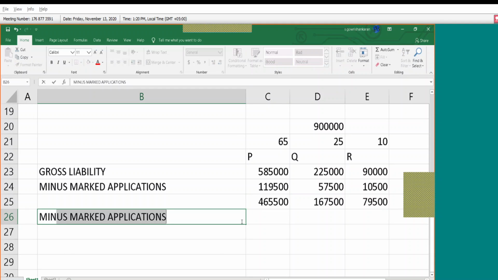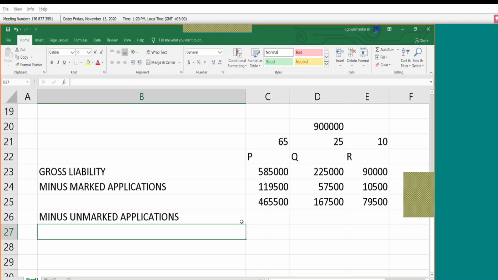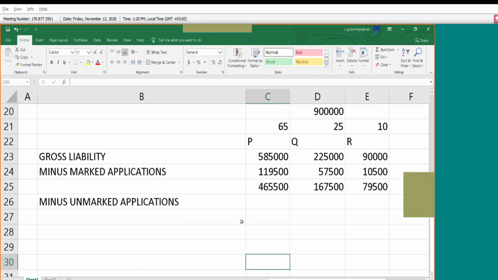Then minus unmarked application. Unmarked application includes firm underwriting also, because these underwriters purchased the shares along with the general public. They submitted their application form along with the public also.